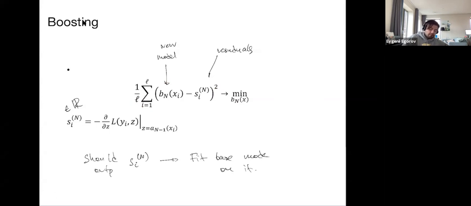Theoretically, you can do this, but in practice there will be no difference, because these models are, let's say, simple models, so they will not overfit to these residuals.